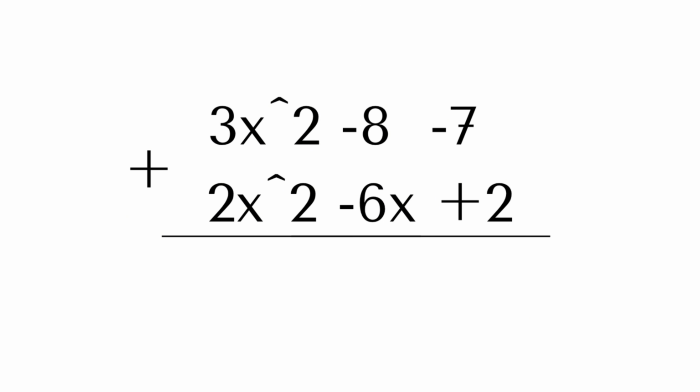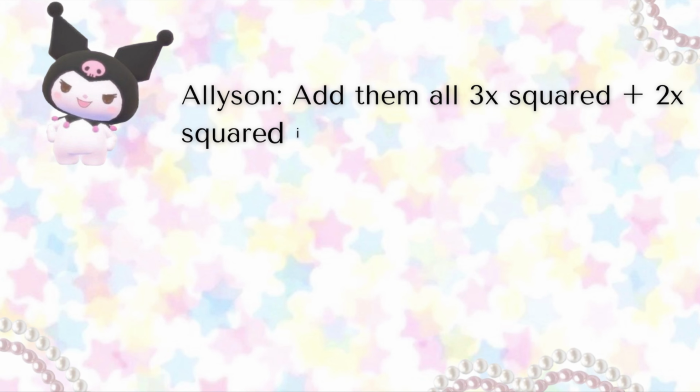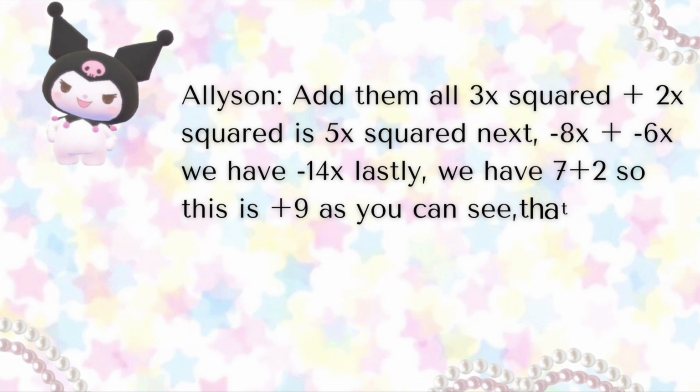Add them all. 3x² + 2x² is 5x². Next, negative 8x plus negative 6x, we have negative 14x. Lastly, we have 7 + 2, so this is positive 9. As you can see, that's the final answer.